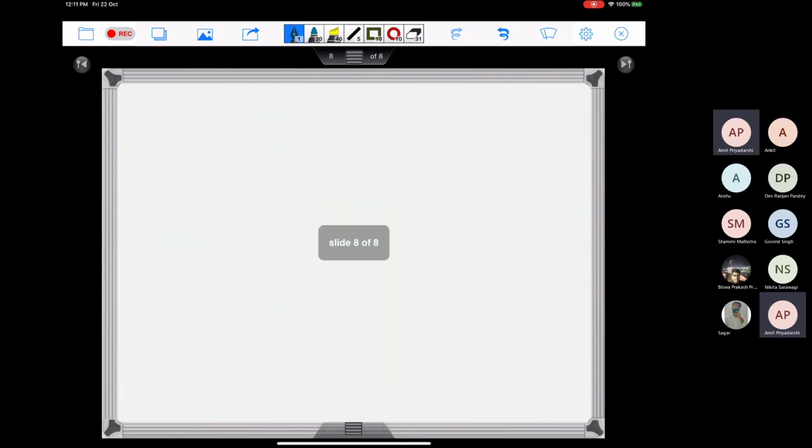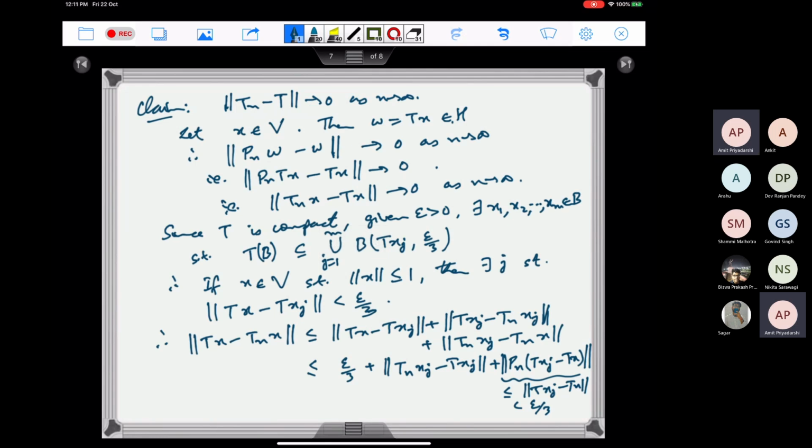So therefore, the norm of Tx minus Tn of x is less than or equal to 2 epsilon by 3 plus this term in the middle, which was Tn of xj minus T of xj.